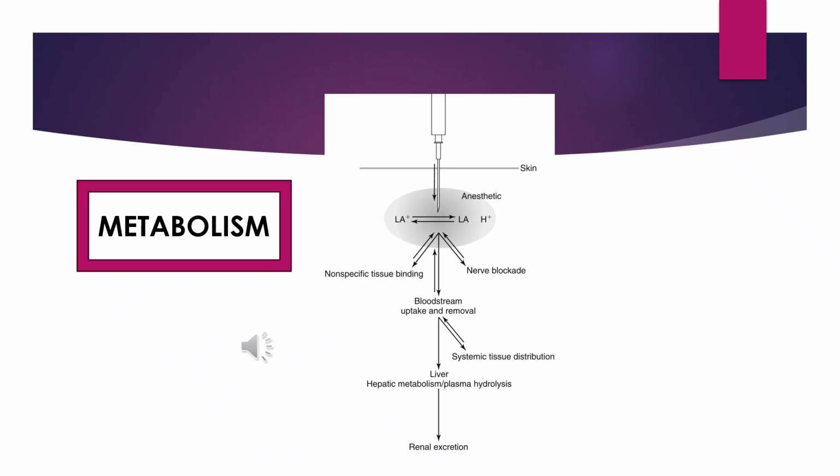So methemoglobinemia is caused due to this. So prilocaine does not cause the harmful effect, but its metabolites cause the harmful effect, as we have seen.